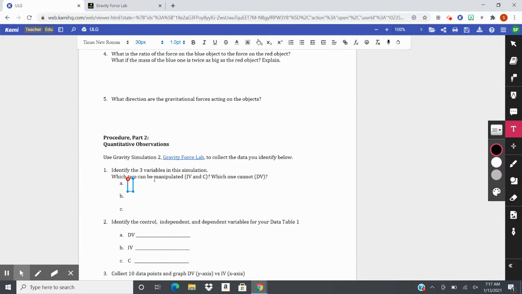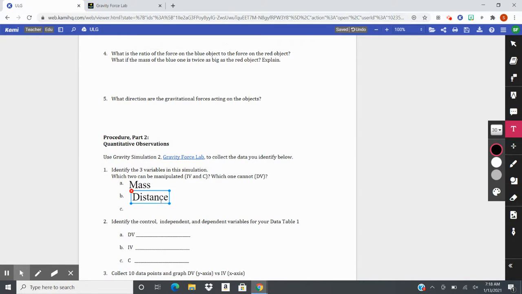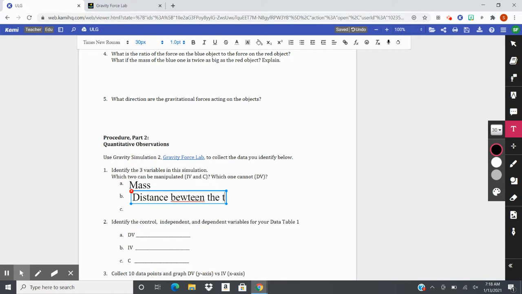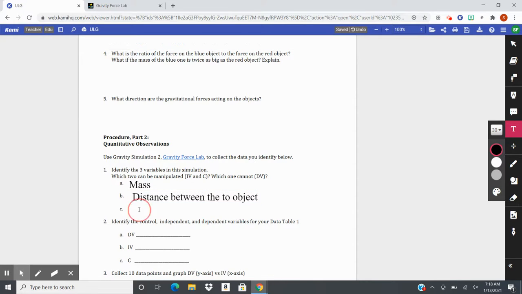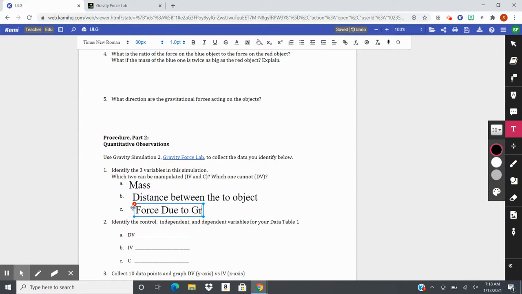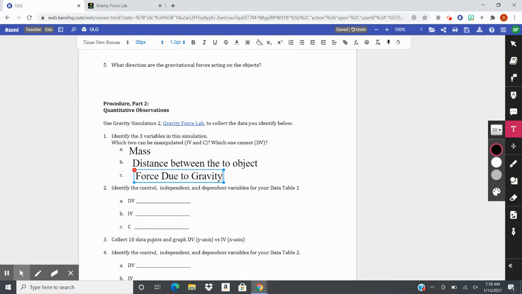Well, we know we're dealing with mass. You're dealing with the distance between the objects. And you're dealing with the force due to gravity. Now, for number 2, what you are going to do is identify the control, independent, and dependent variables.